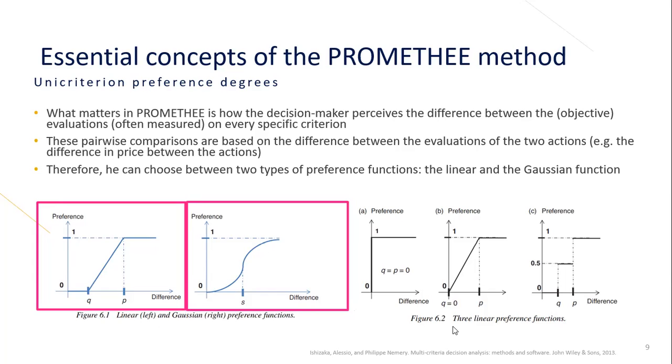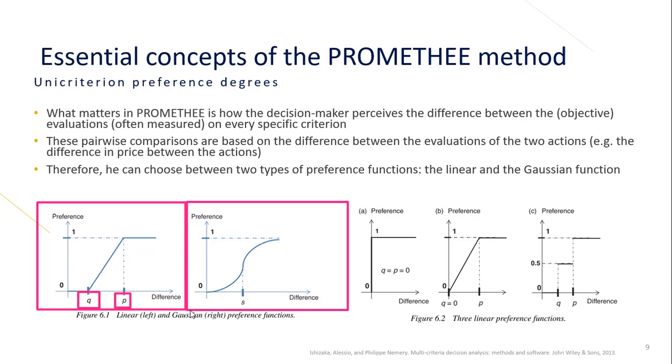Both basically help you determine the score for the difference between alternatives. A linear function looks like this. We will have two parameters, Q and P. I will discuss that later.